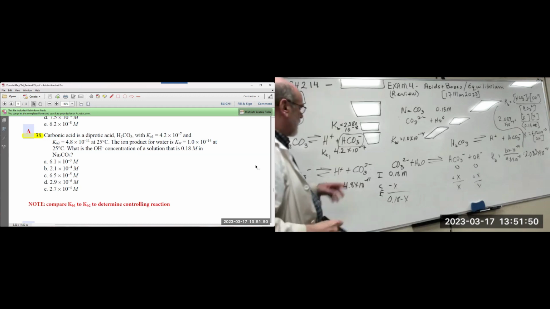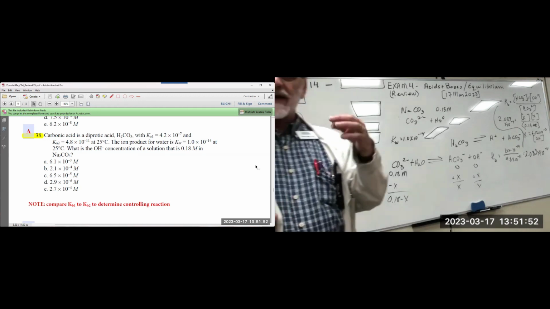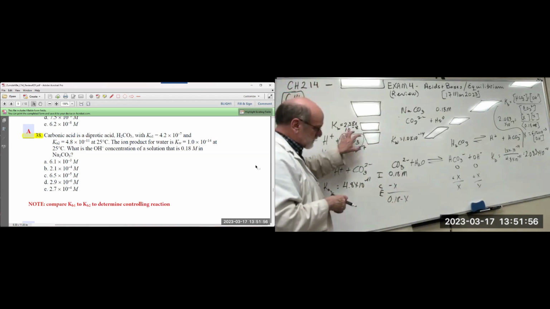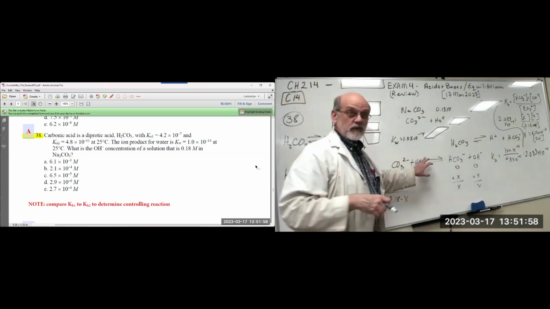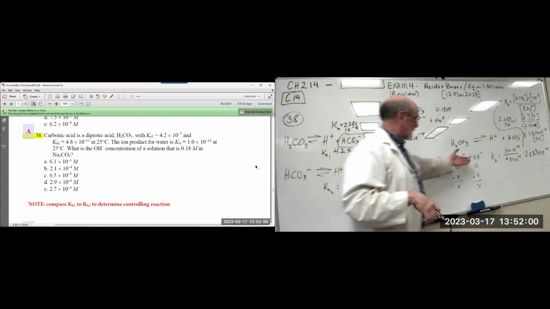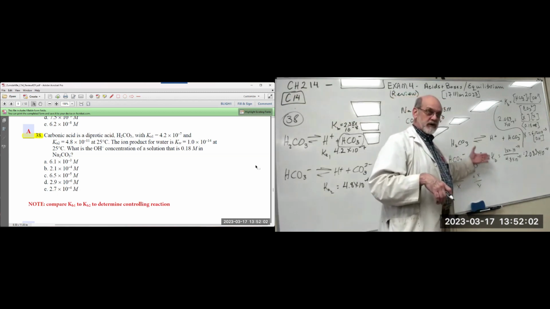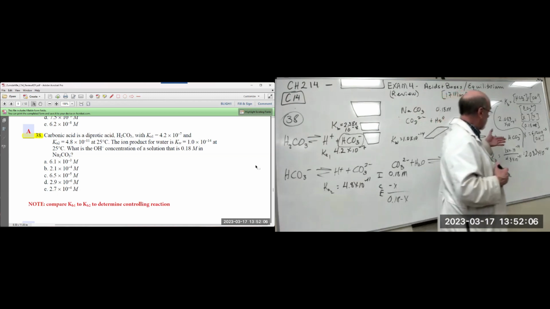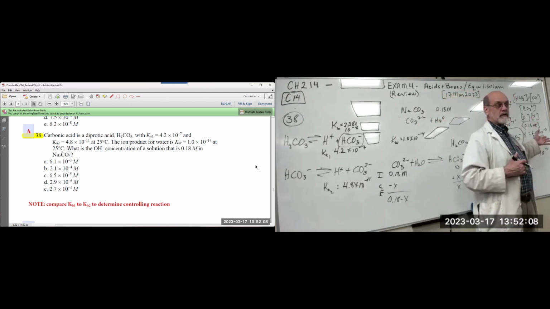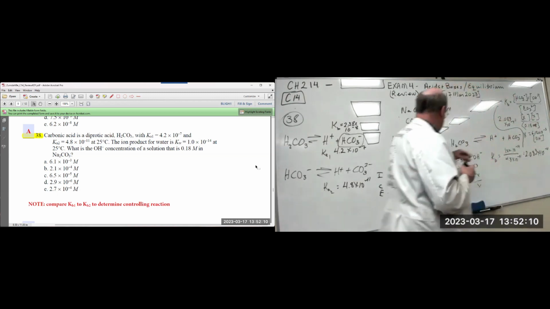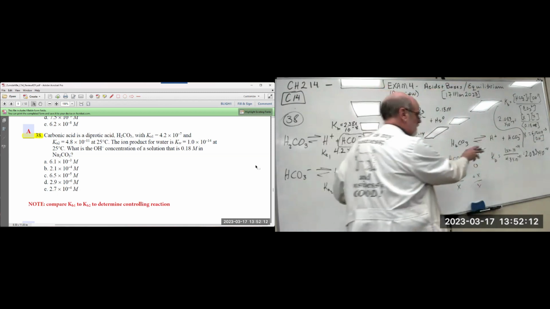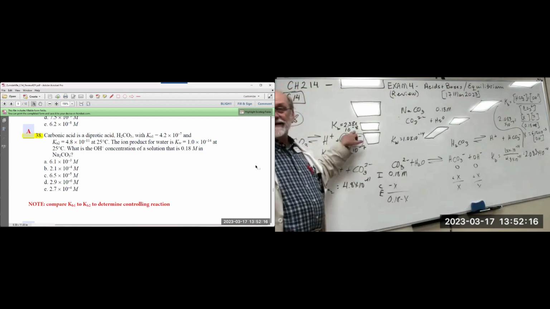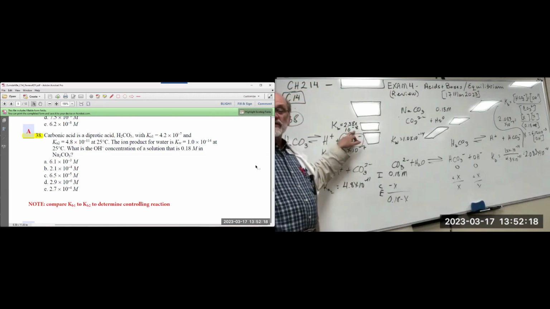Okay. So here's the reasoning I'm trying to get at. If we were to take this one and do a similar reaction, react it with water and get hydroxyls, would it produce a significant amount of hydroxyls that would influence this overall? If you look at the Kb for this one, 10 to the minus 4, this one is 10 to the minus 8, right? 4 orders of magnitude weaker.